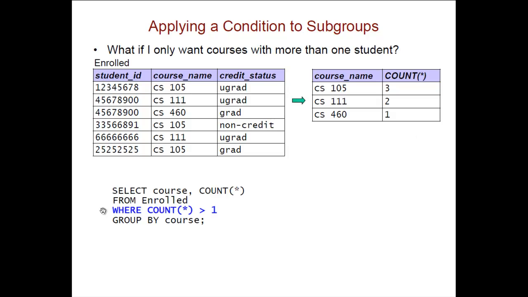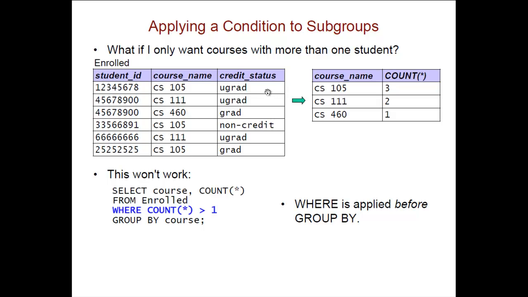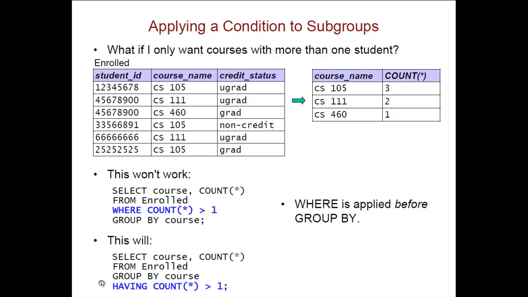We might be tempted to use a where clause for this purpose, as you see here, but it turns out this does not work. And that's because, as we said earlier, the where clause gets applied before the group by. So the where clause would work on this original full table, and we don't even have the counts at that point.